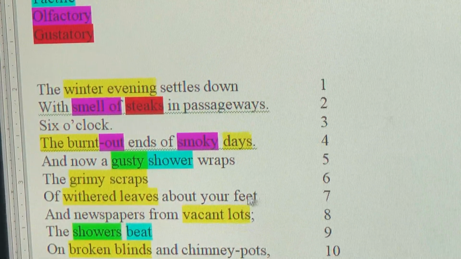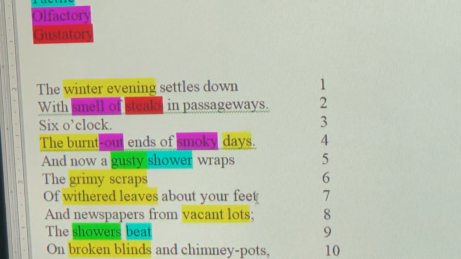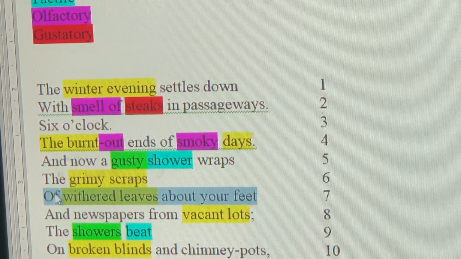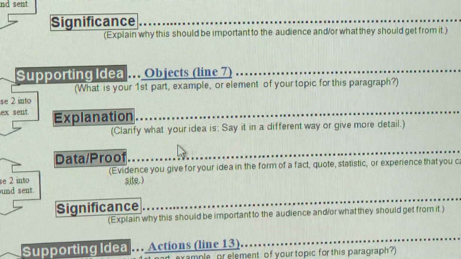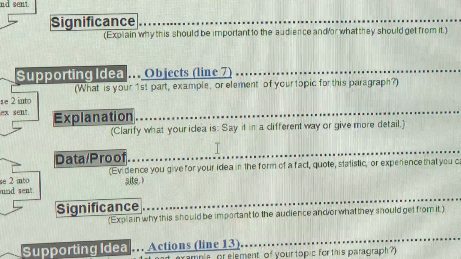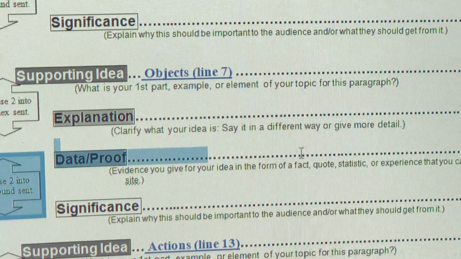Line 7. And I don't just do the word or two. I go ahead and I use the entire quote. That way I get some context for what I'm saying in these.